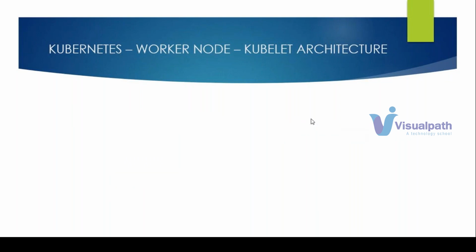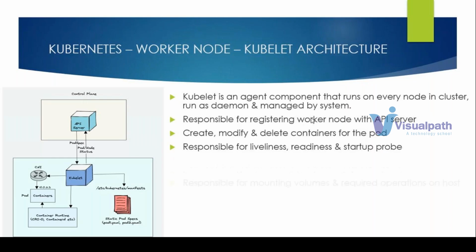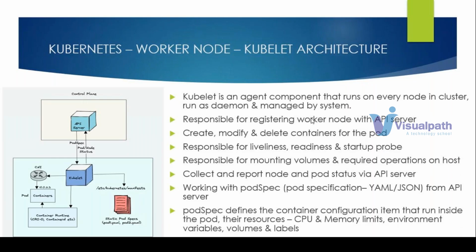It's about the worker node. The worker node is the place where our smallest unit, pods, are running. Here you can see the most important component of the worker node, kubelet.